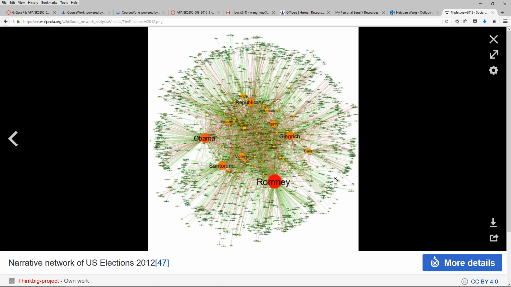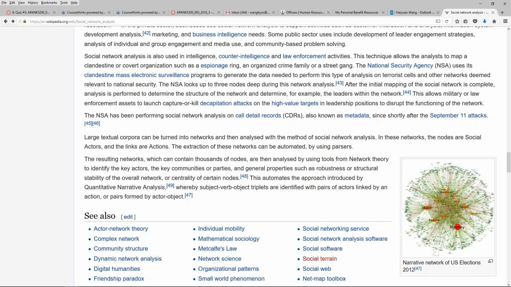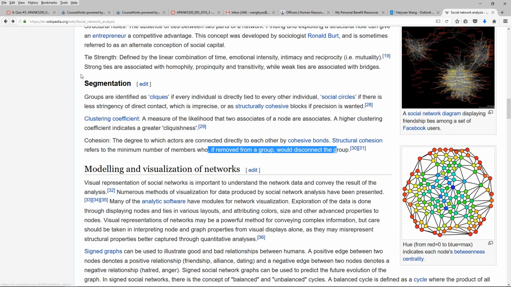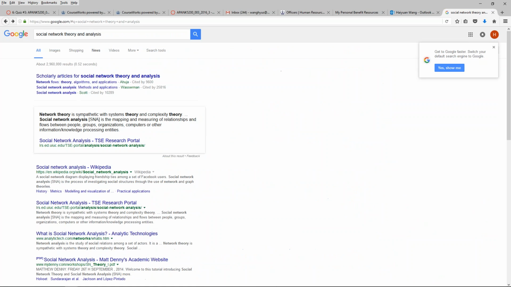That gives you some study of the nature of the relationship between the individuals in the company and the importance of individuals in the particular network. So with that being said, let's quickly take a look at what it is about.